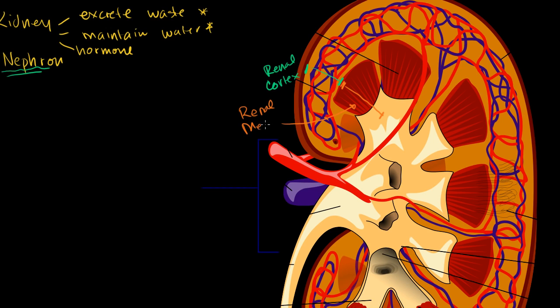Renal medulla. Besides just understanding these words, we're going to see that they play a very important role in this filtration, or this excretion of waste, and this ability to not excrete too much water when we're trying to filter out our blood.